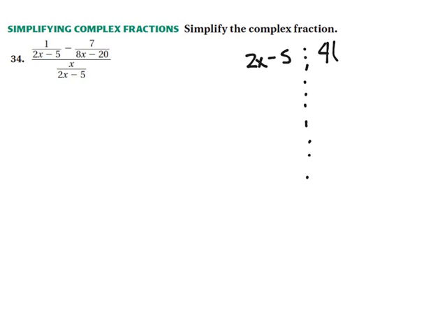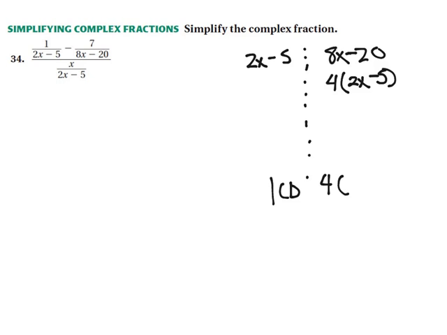On 8x minus 20, a 4 comes out of that, and you're left with 2x minus 5. So then my least common denominator, or my LCD, is 2x minus 5.